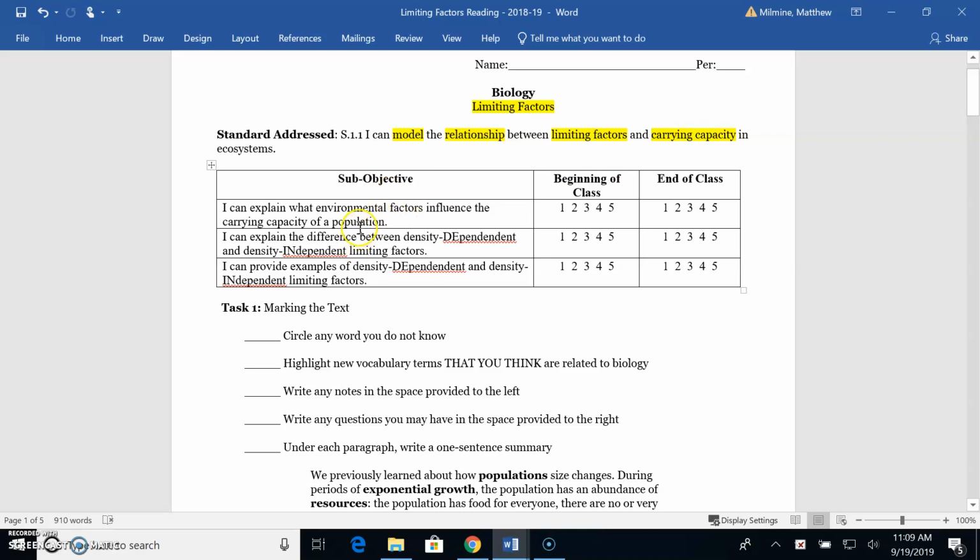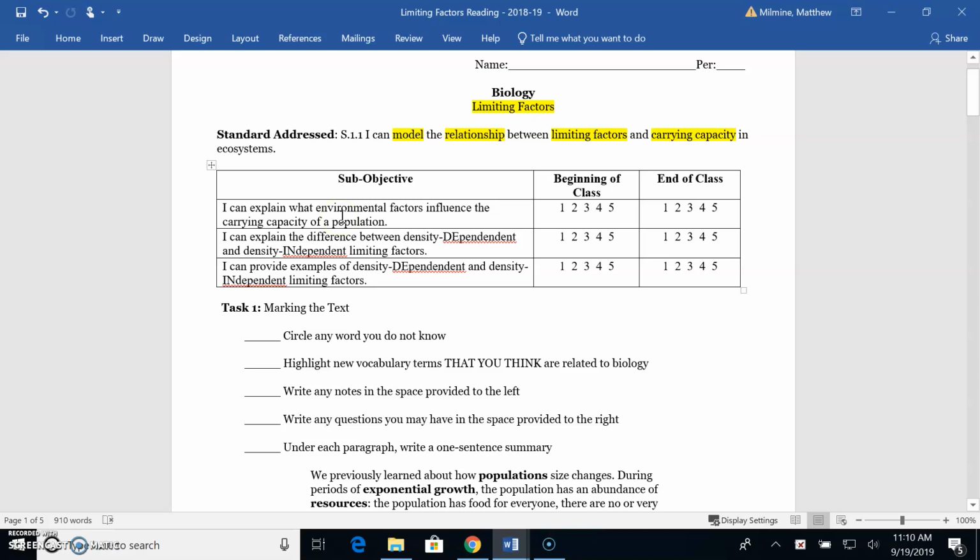Please take a few moments, read through these sub-objectives, and rate yourself 1 through 5 for the beginning of class. If you rank yourself at a 1, that is essentially saying that you have never heard of environmental factors or carrying capacity within a population. A 2 would be you might have heard of some of this stuff, but you really couldn't talk about it.